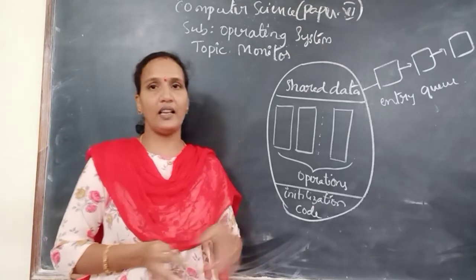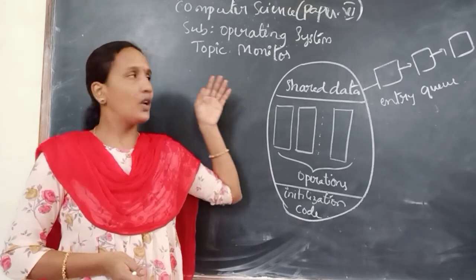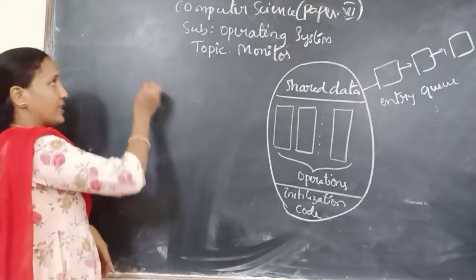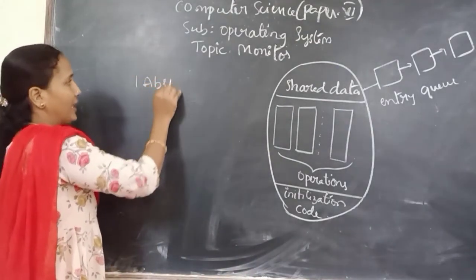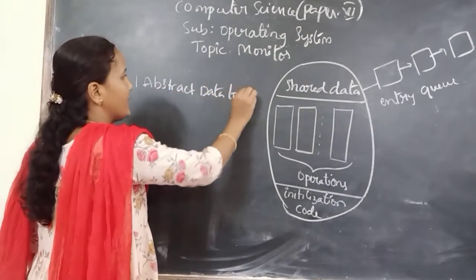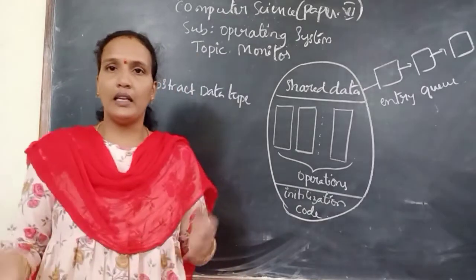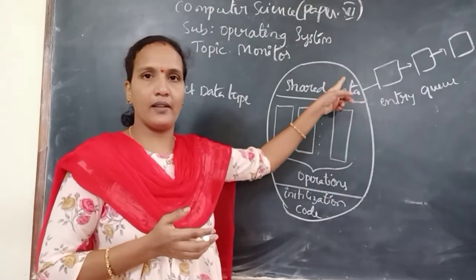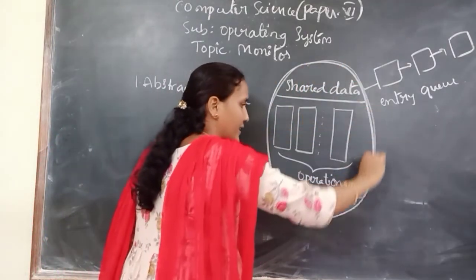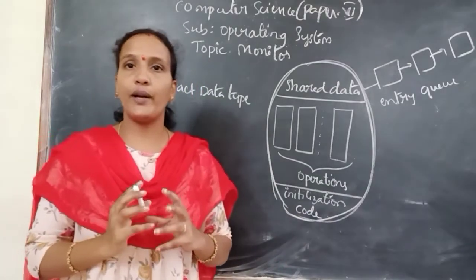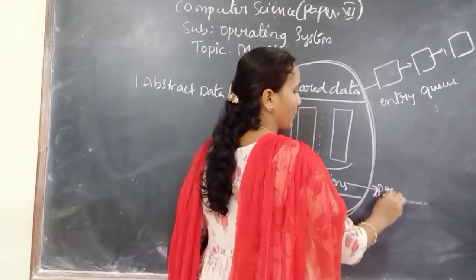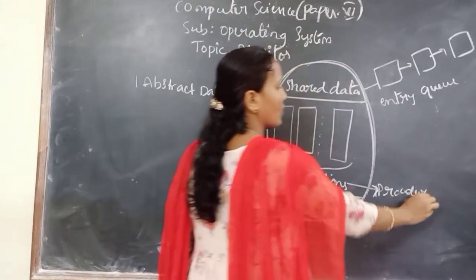And the last technique is the monitor. The monitor is, first of all, an abstract data type. What does that mean? An abstract data type is actually a package. Here you see a complete package which contains different operations, and these operations are also called procedures or functions.